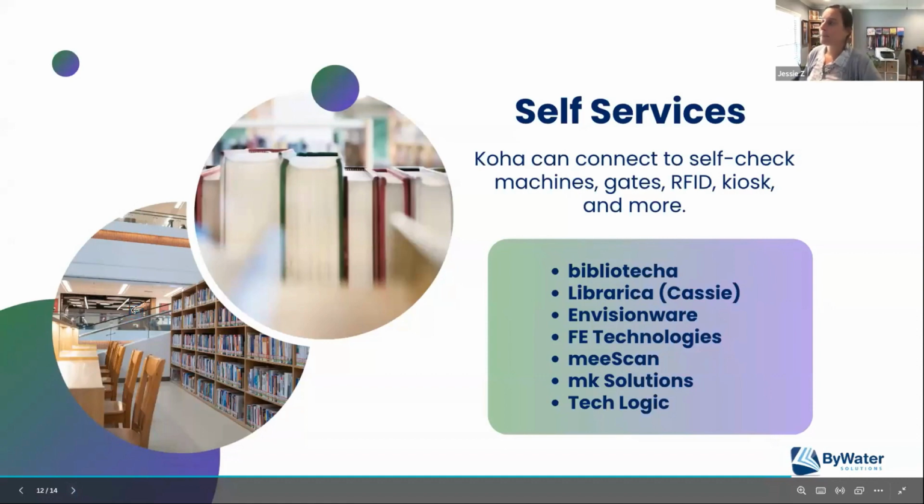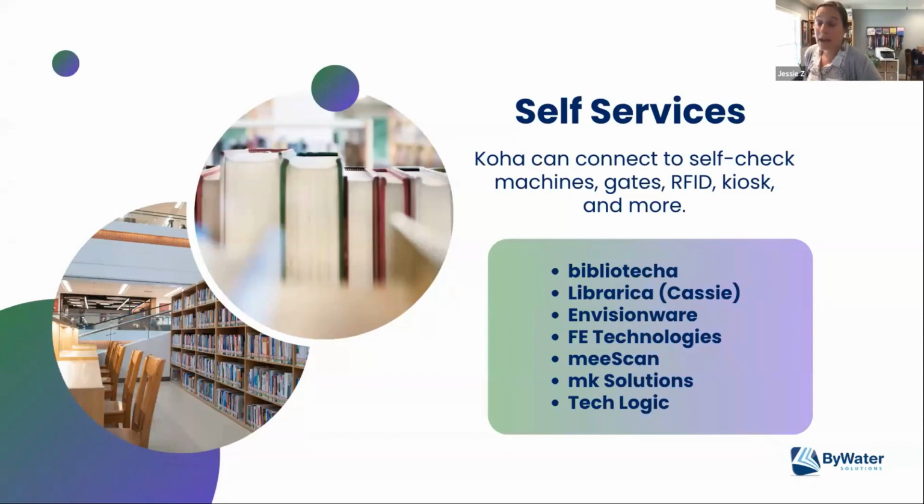The next thing we'll talk about is self-service. Many of our library partners have some type of self-checkout system. Maybe you have gates that are set up within your library, RFIDs, kiosks, material handler systems, whatever it may be. We can work together to, again, connect your system to Koha.